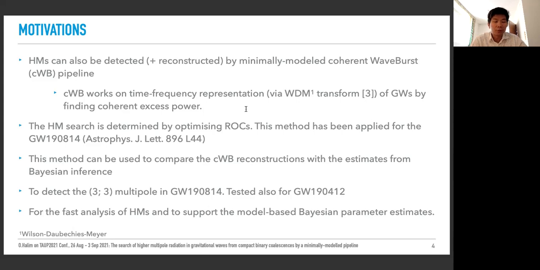Moreover, this method can be used to compare cWB reconstruction with the estimates from Bayesian inference. Here we are trying to detect the 3-3 multipole of GW190814, and this method has also been tested for GW190412. This is a quite fast analysis of higher modes, and it can support the model-based Bayesian parameter estimates.